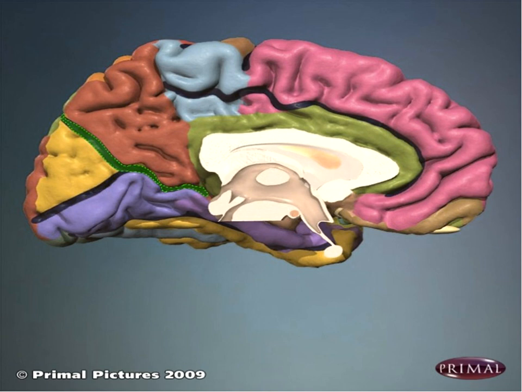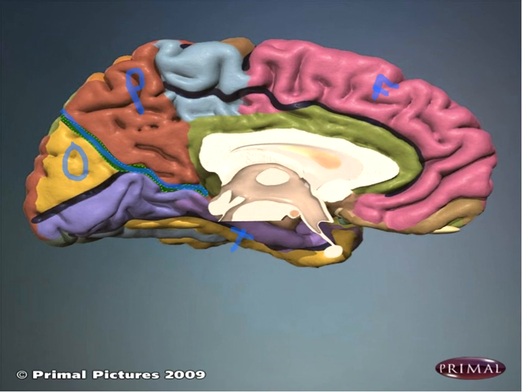Where you see the green here, that is the parietal occipital sulcus. It divides the parietal lobe, in this sagittal viewpoint, from the occipital lobe. Here's the frontal lobe, and you can only see the bottom of the temporal lobe here.